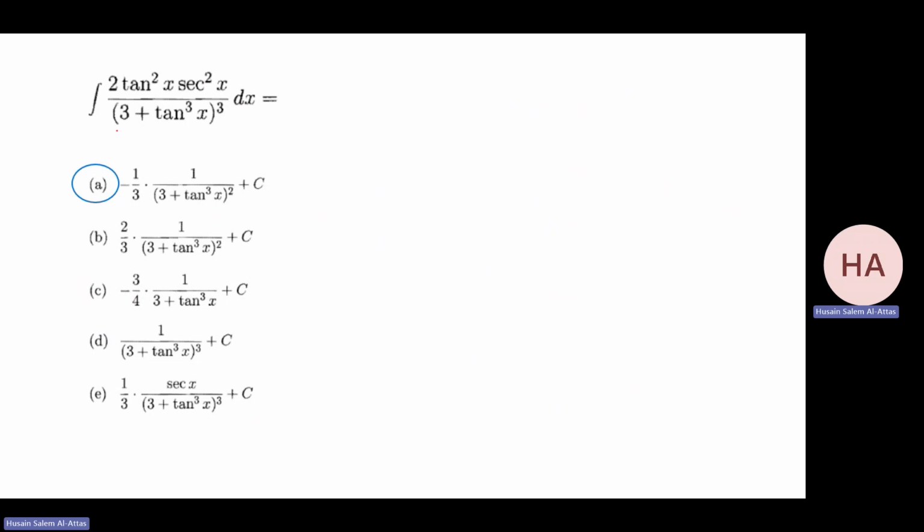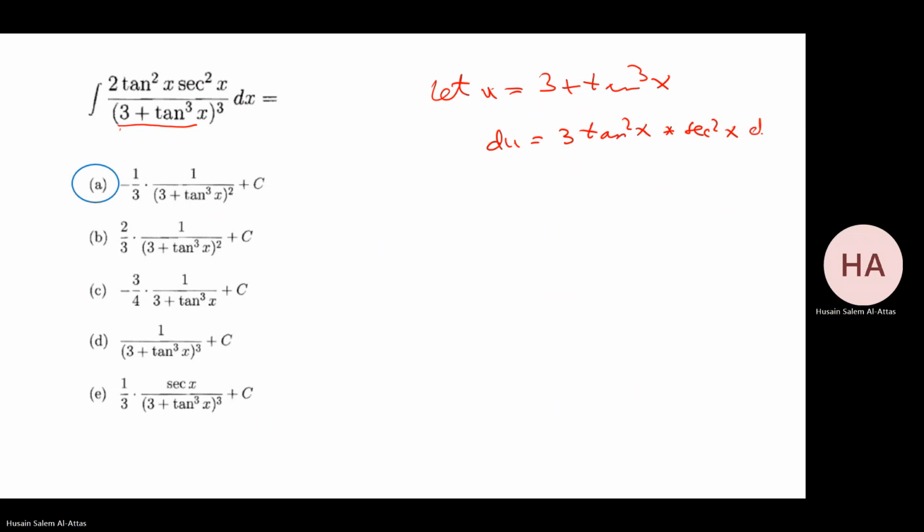I will let this be u, and this will be du. You will see it with a constant. Let u equal 3 plus tan cubed x. What will be du? It will be 3 tan square x, and the derivative of tan is secant square x. Don't forget the dx.